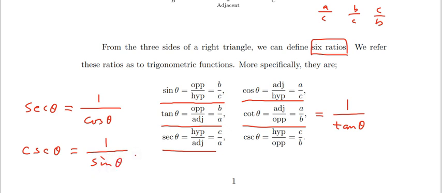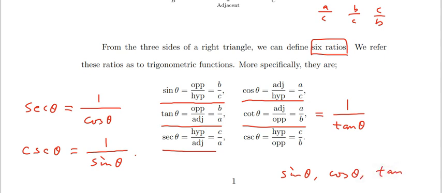So just remember, secant is 1 over cosine, and cosecant is 1 over sine. Among the six trigonometric functions, the main ones are sine, cosine, and tangent.